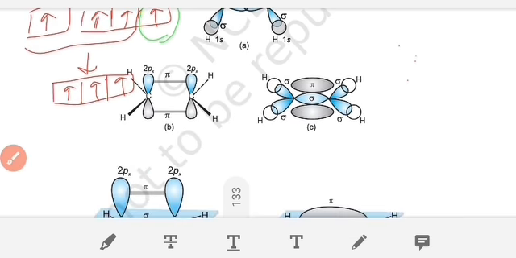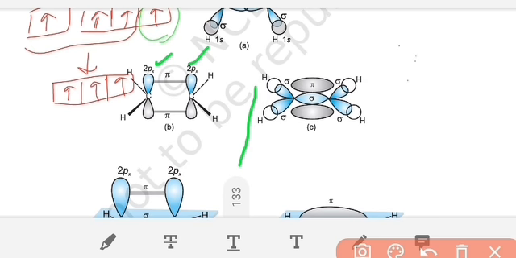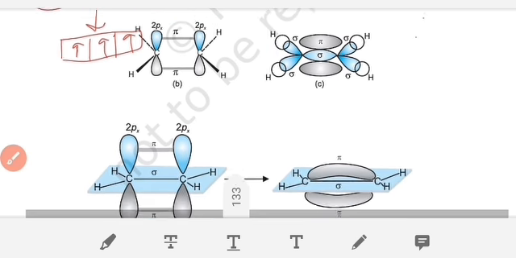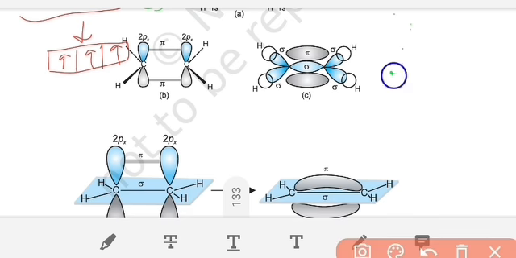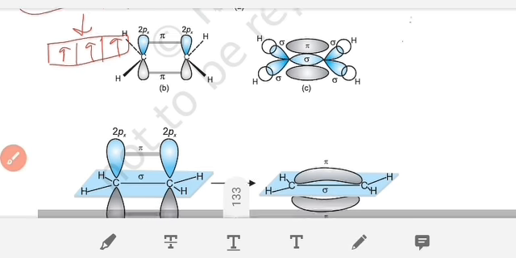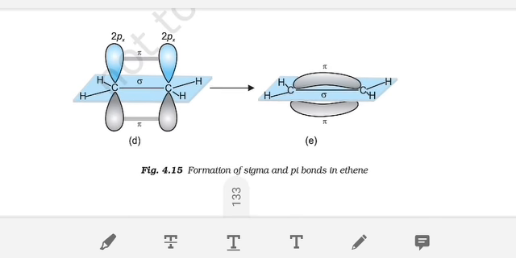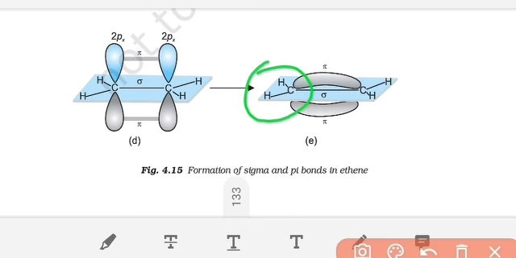During this, the unhybridized p orbitals also overlap with each other sidewise and a pi bond is formed along with the sigma bond. So this is the structure of the ethene molecule, where the bond angle is 120 degrees. One pi bond is formed between the 2 carbon atoms along with 1 sigma bond.